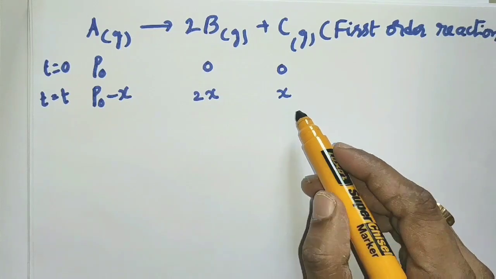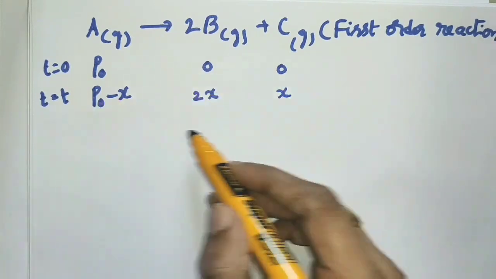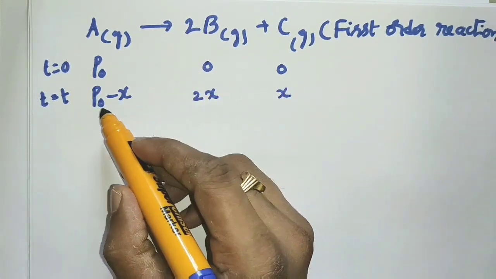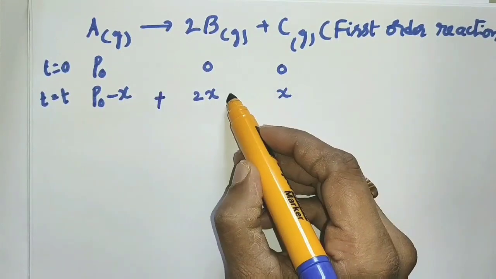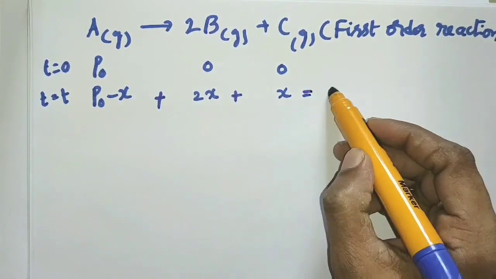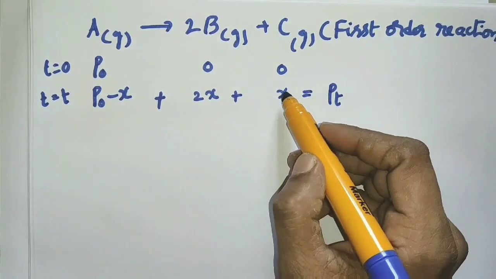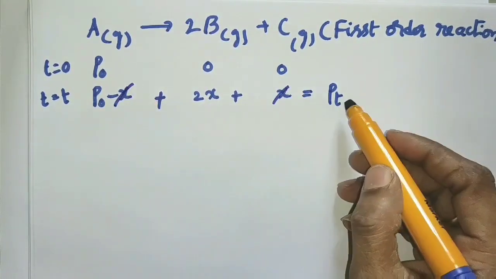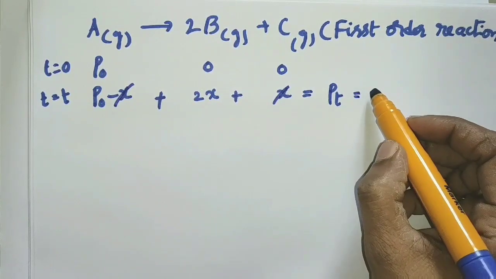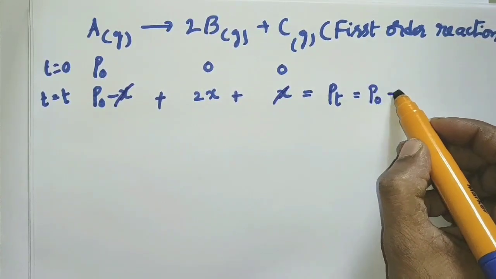Then what will be the total pressure of the reaction mixture? It is equal to P naught minus X plus 2x plus X, which is taken as PT. Here this X and minus X get cancelled, so PT is equal to P naught plus 2x.